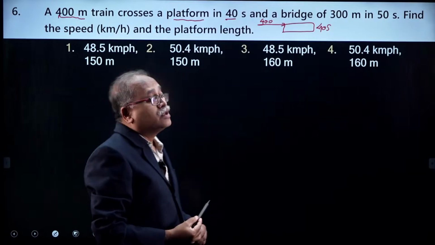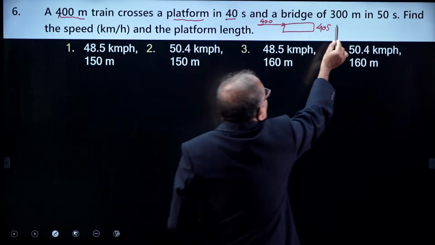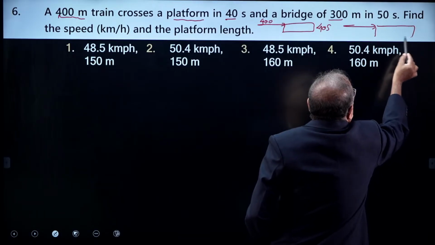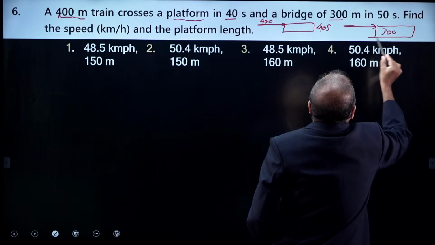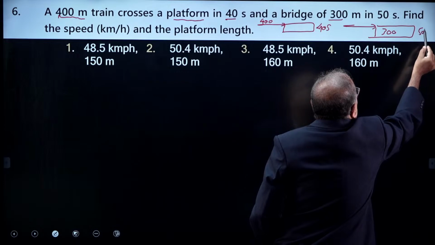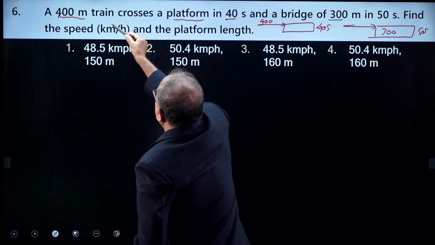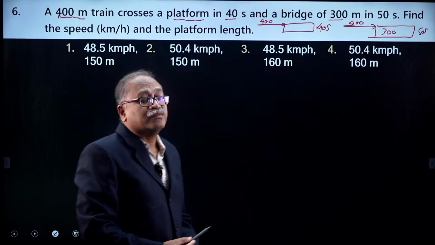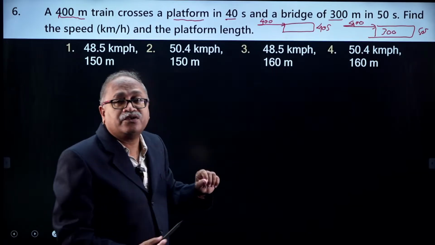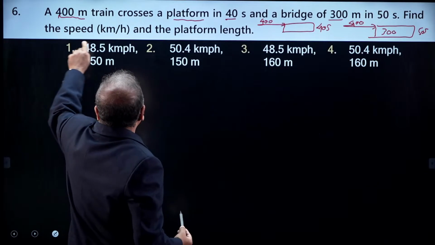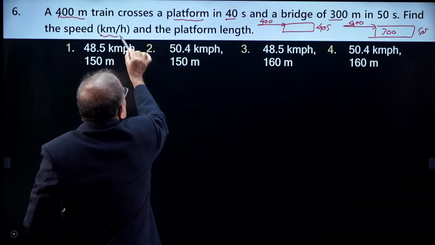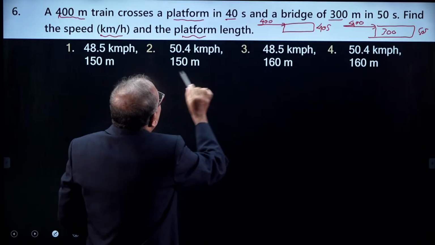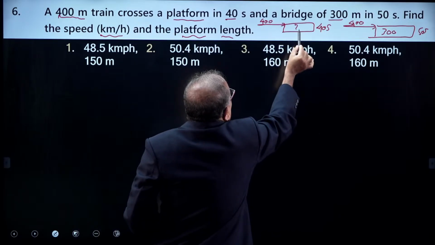The next part, and a bridge of 300 meter, it takes 50 seconds. From the first information, I know that the train length is 400, and it takes 50 seconds to cross the bridge. Now find the speed in kilometer per hour and the length of the platform.